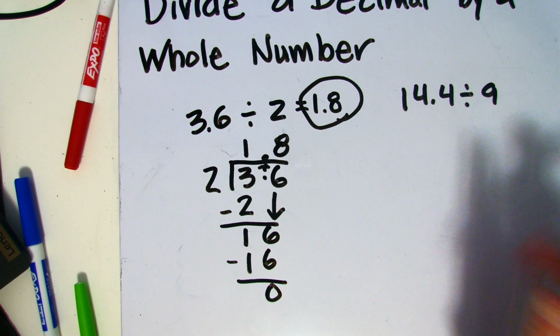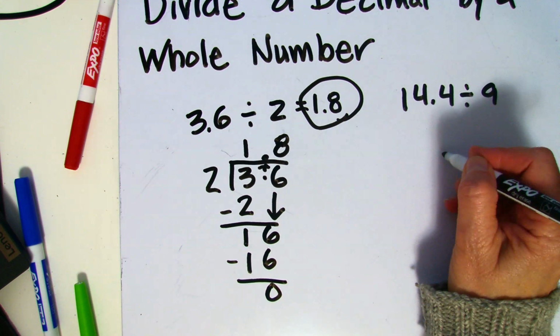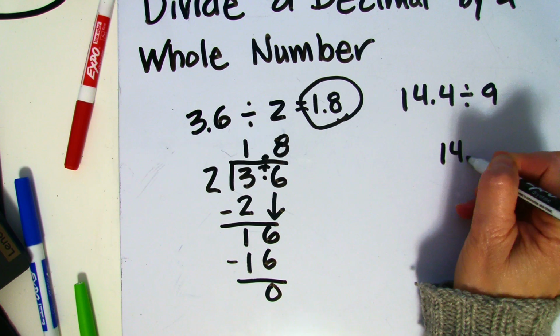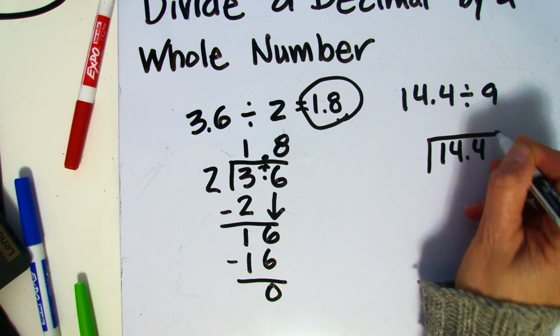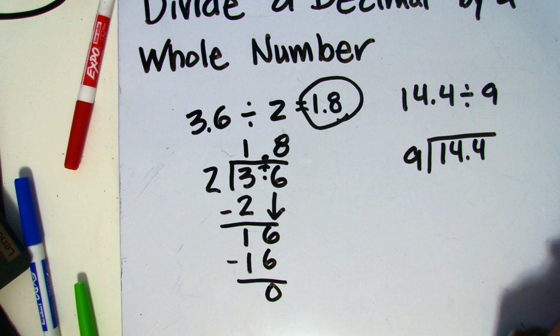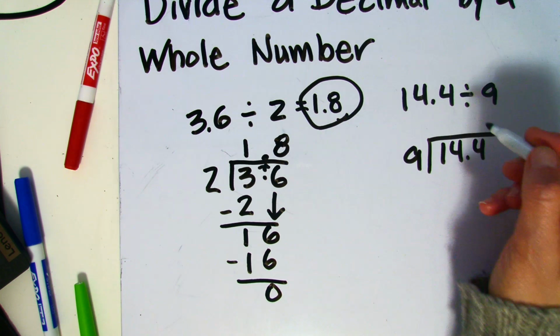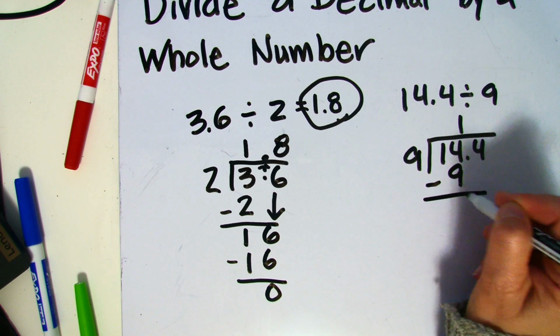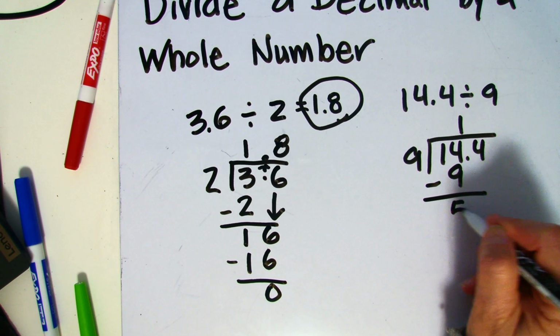Let's do another example. Here we have 14 4/10 divided by 9. And so I'm going to rewrite it to look like this. 9 goes into 14 one whole time. I'm going to take the difference between the two. I get 5.